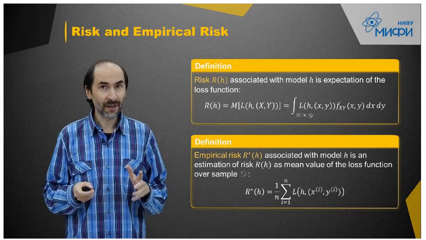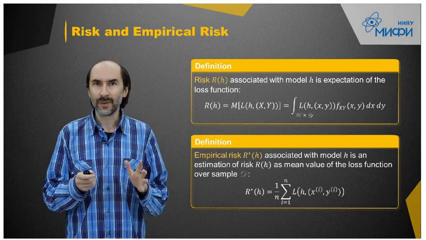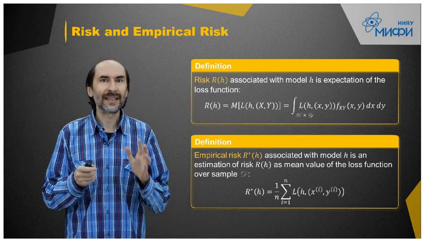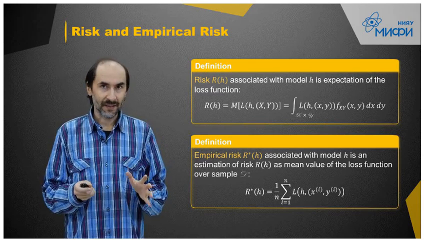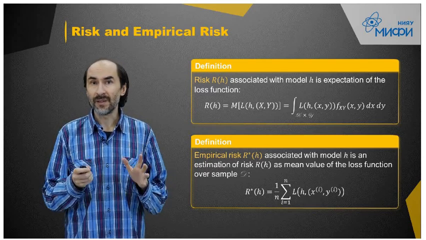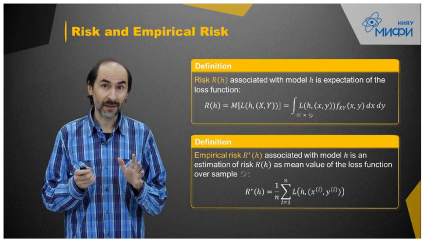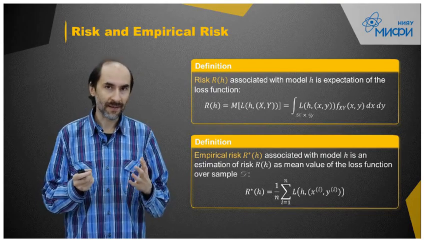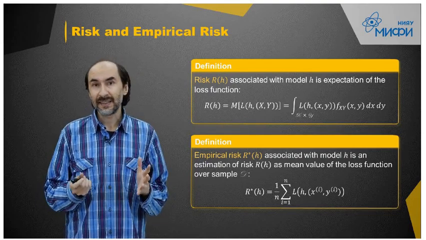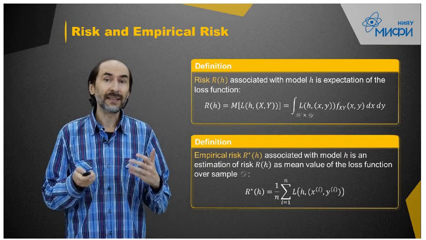By definition, risk associated with the model is expectation of its loss. The formula is presented here. If the joint distribution f of x and y were known, we could fairly calculate the risk. But since it's unknown, we estimate it.